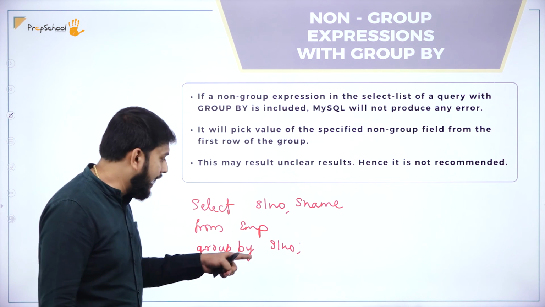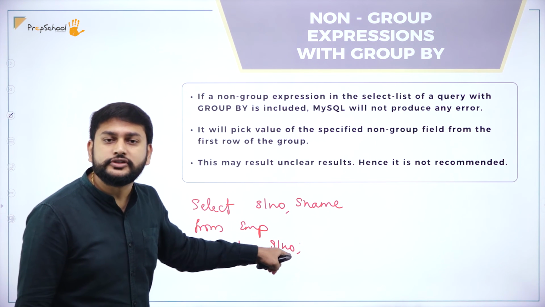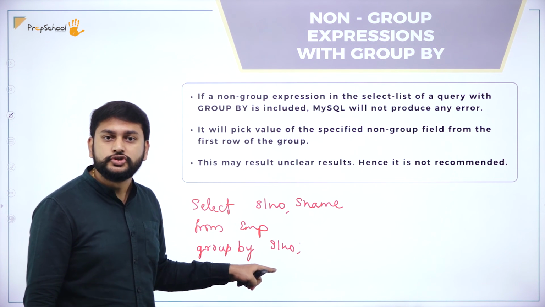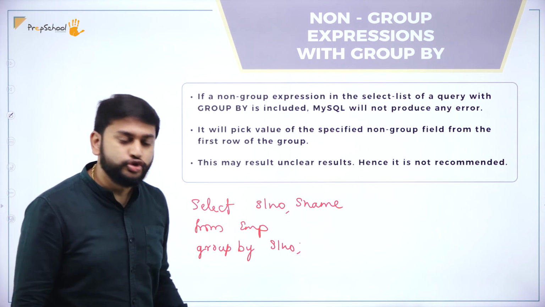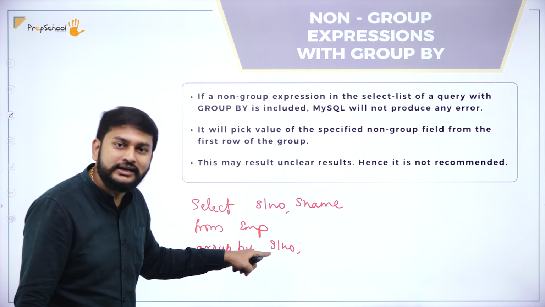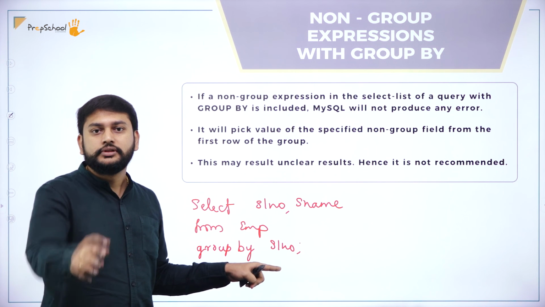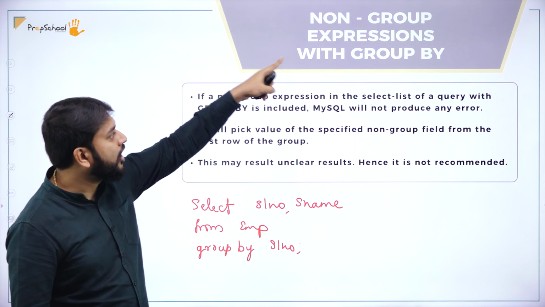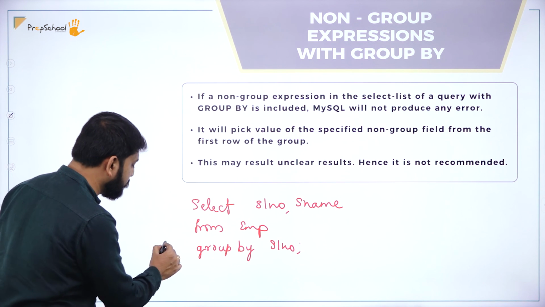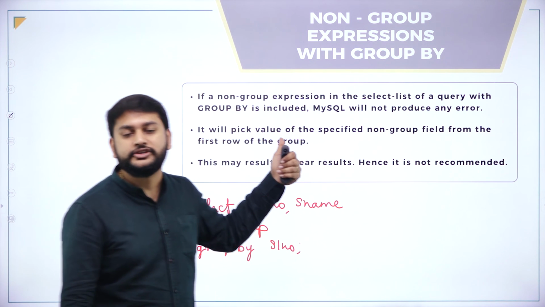I cannot have duplicate values for this serial number. Yes or no? Yes, obviously I cannot. So the serial number should be unique, and I cannot perform the group by. Even if I perform the group by, it will return the same value. So this I will call non-group expressions. In this situation, you don't have to use group by, is what they are explaining.